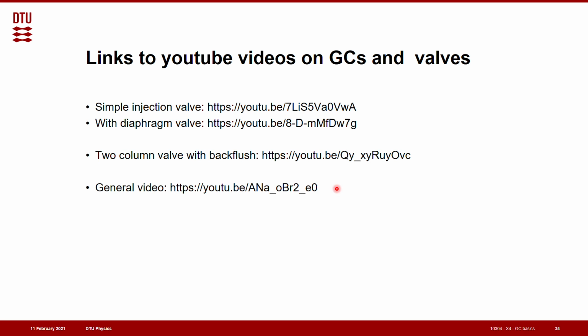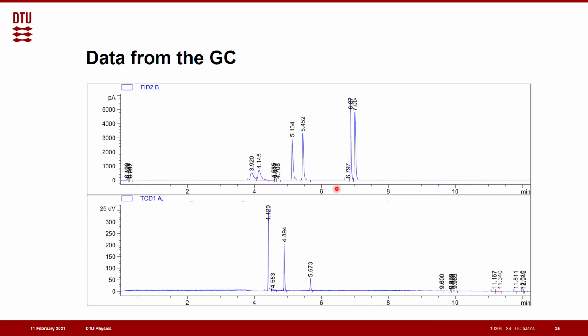So the next thing is looking at the data from the GC, and we get these chromatographs, they're called, and here we have signal. For the FID it's in picograms, for the TCD it's in microvolts, and then we get these peaks at different retention times.